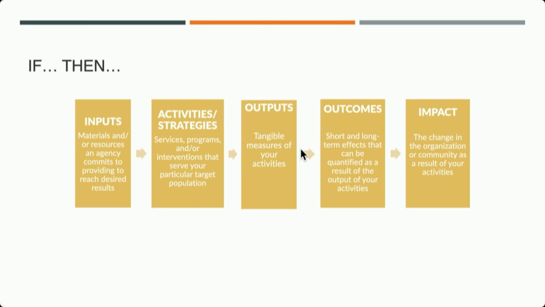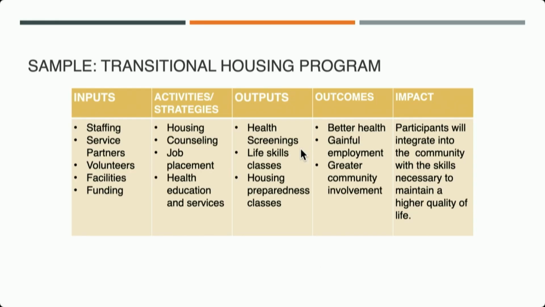So then, I've put a little bit more this time in each of those boxes. When we talk about inputs, we're really looking at materials and our resources, activities and strategies. I sort of summarize what each is. And now I want to give you an actual logic model, a very simple one that was provided to the county years ago by an organization in West Contra Costa County that was proposing to do a transitional housing program.